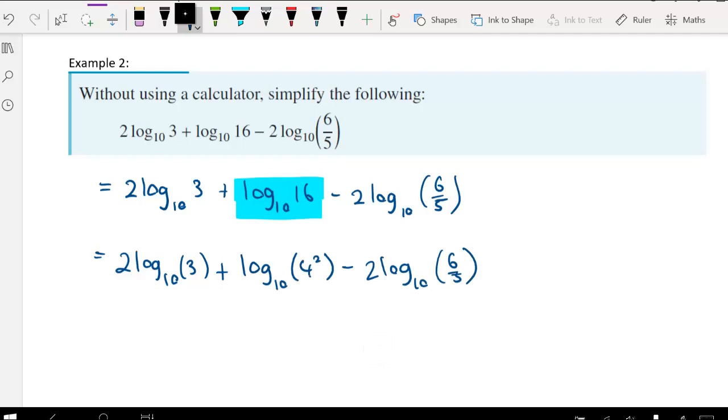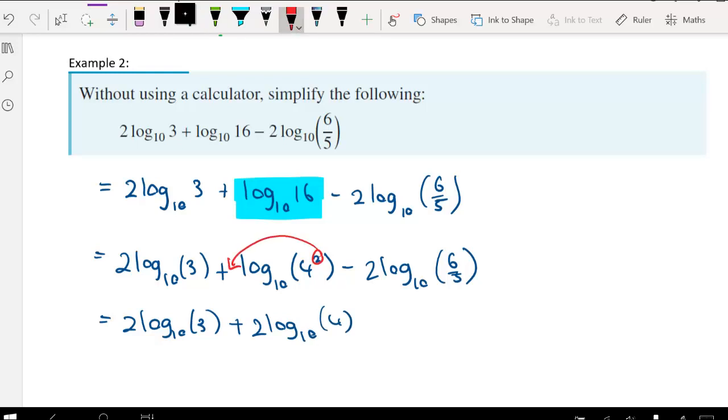So once we've done that, using our power law, we can rewrite our log base 10 of 4 squared as 2 log base 10 of 4. So this power of 2 can be brought out in front.